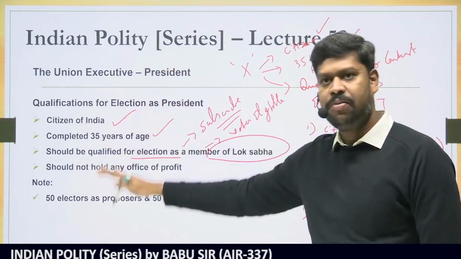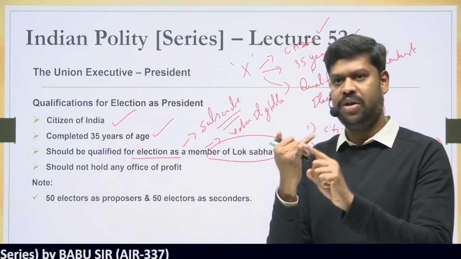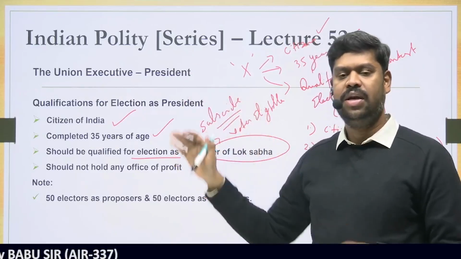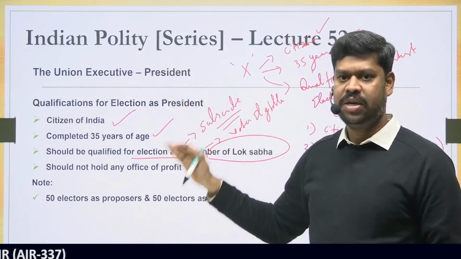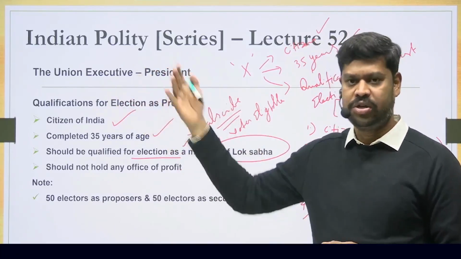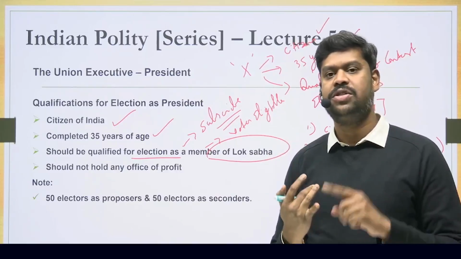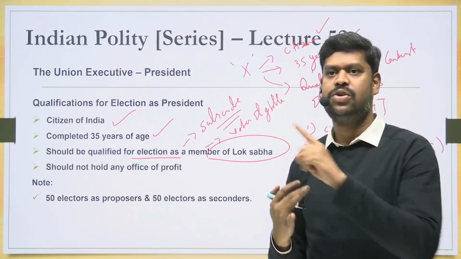So if you sum up all these things, what are the conditions? First, should be a citizen of India. So now I am summarizing the qualifications one has to possess to contest election to the office of the president.